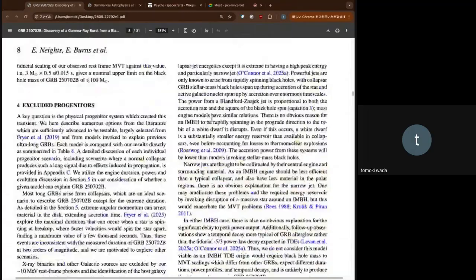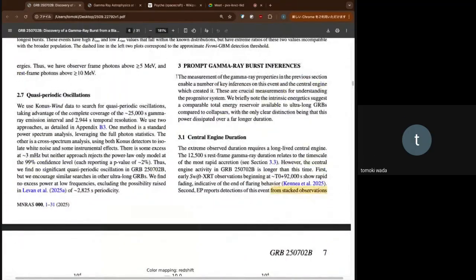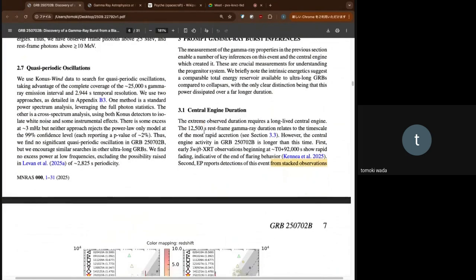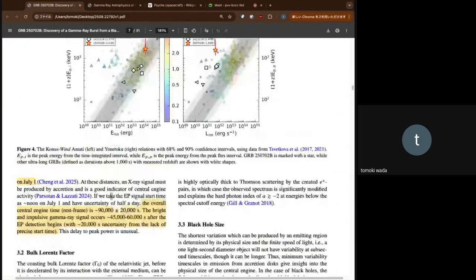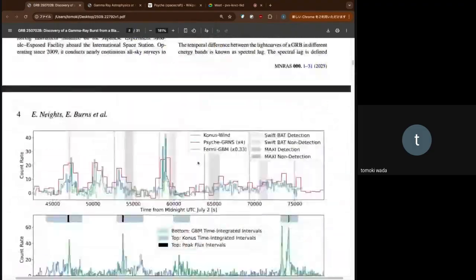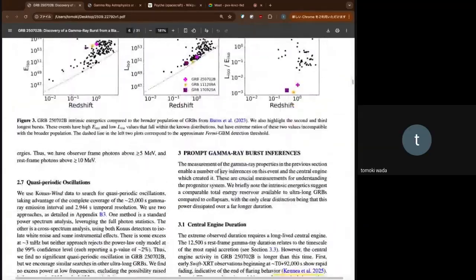Okay, and this is what they observe, and they put some constraint on the progenitor, and they consider what is the possible progenitor in this paper. And in addition to this light curve, they find possible gamma ray burst related to this guys.